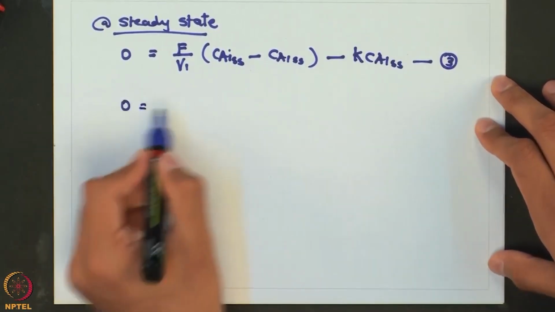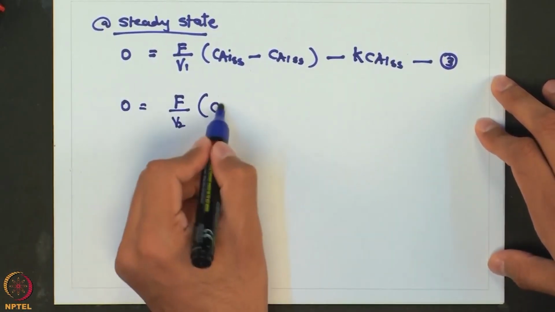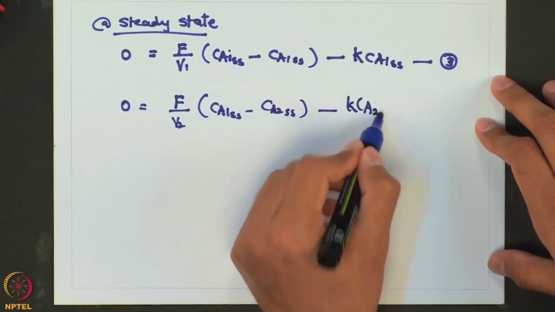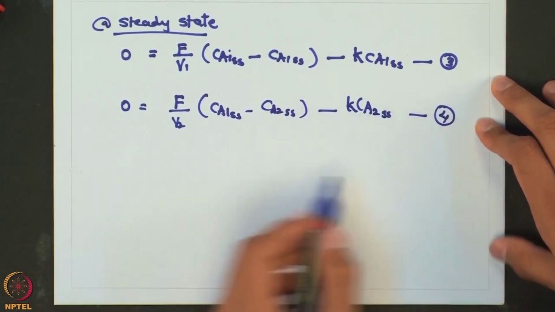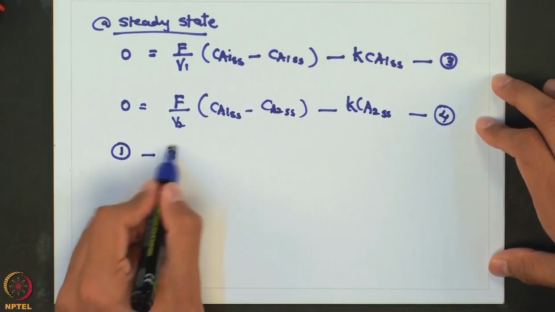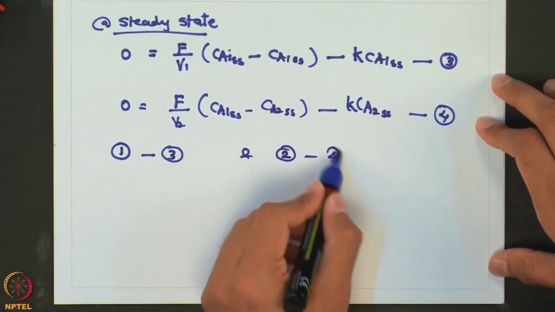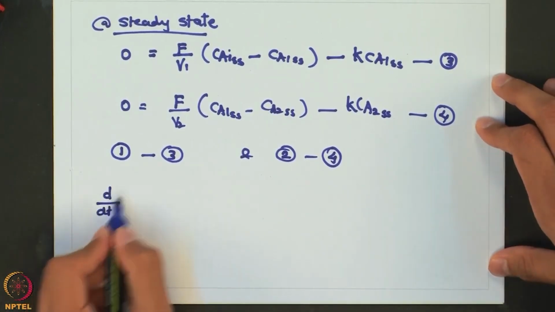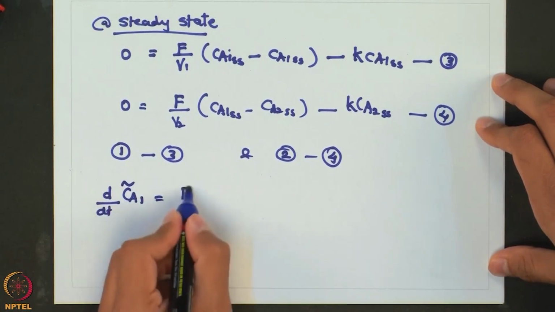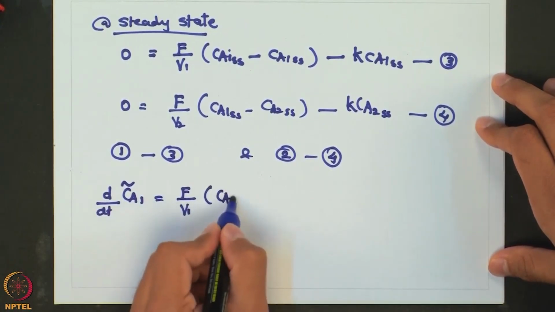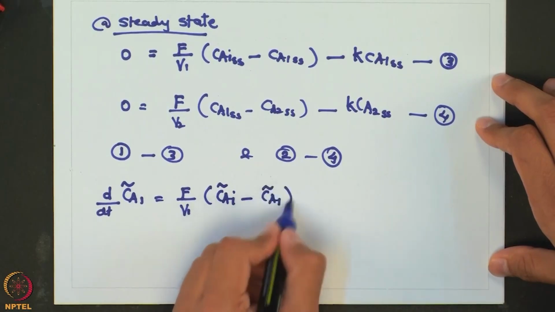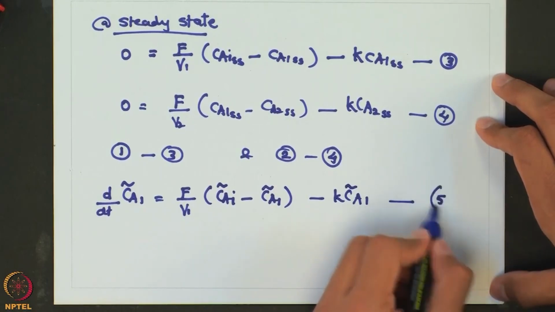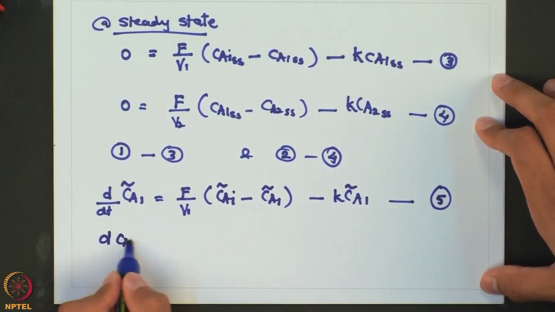And similarly for the second CSTR, we have 0 is F over V2 times (CA1 SS minus CA2 SS) minus K CA2 SS. If we do 1 minus 3 and 2 minus 4, we will get the deviation form of these equations. We will call it equation 5, and for the second CSTR we will have equation 6.